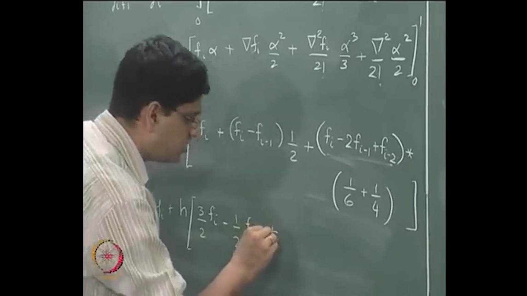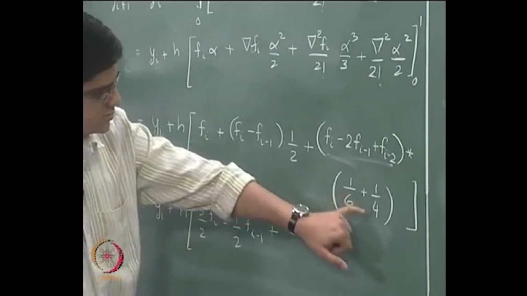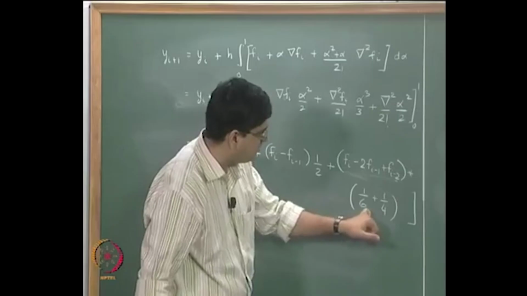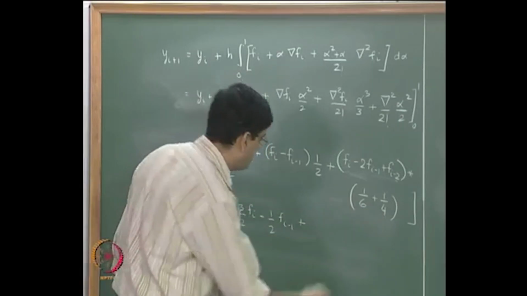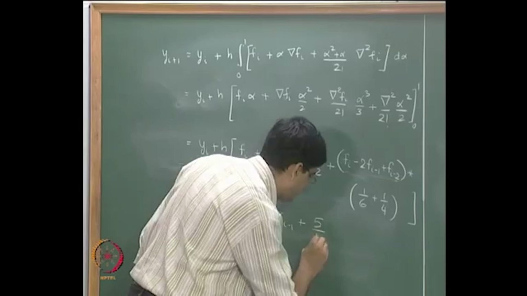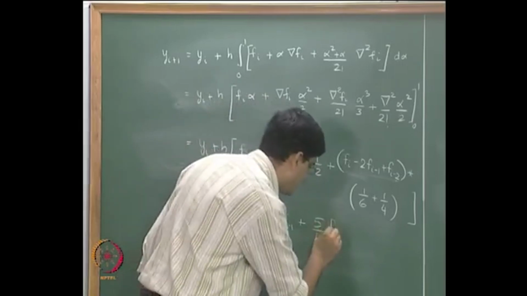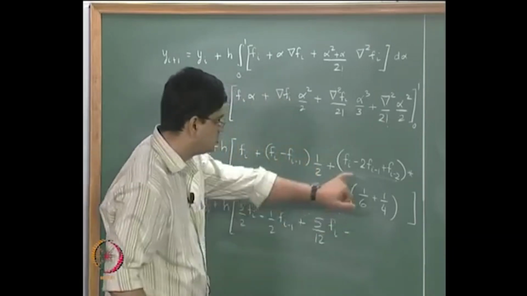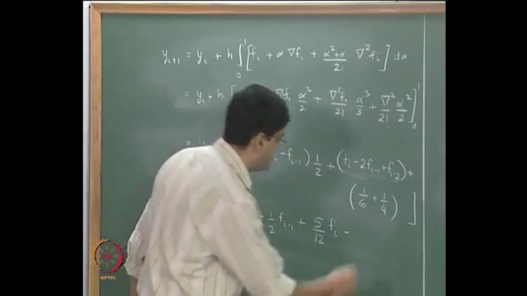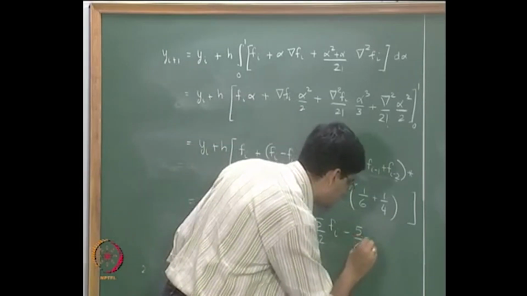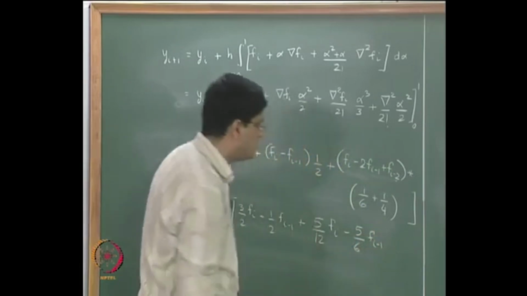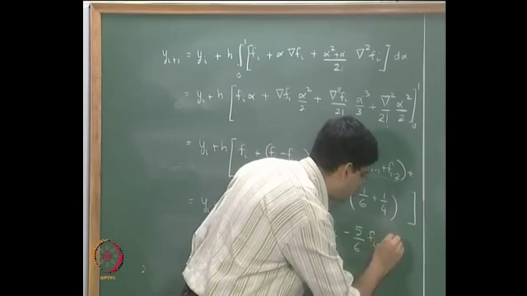minus 1 plus this term is going to be 4 plus 6, 10 by 24, 10 by 24 is 5 by 12, plus 5 by 12 fi minus 2 multiplied by 5 by 12, that is 5 by 6 fi minus 1 plus 5 by 12 fi minus 2.